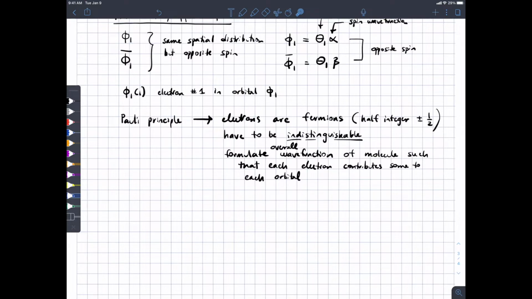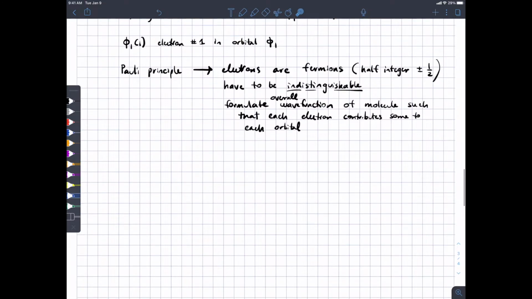That sort of derives from quantum theory. But it makes sense from the point of view that all electrons are identical and you can't tell one from the other. So a consequence of this idea that they have to be indistinguishable is that, and why this is a consequence, again, comes from the theory.